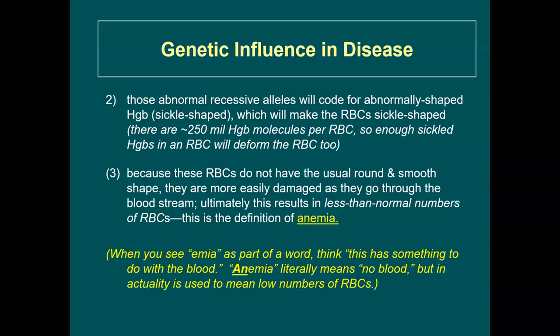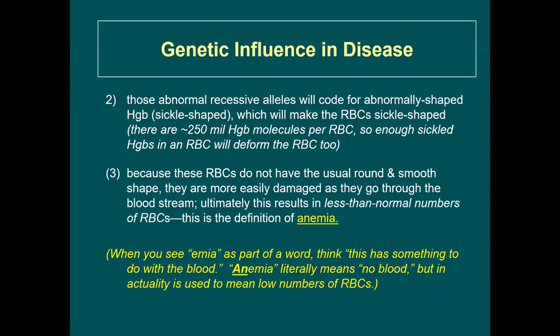They're sickle-shaped. And we know that hemoglobin is carried by the red blood cell, and there are actually about 250 million hemoglobin molecules per red blood cell. If many of them are sickled, that is going to cause the shape of the red blood cell to become sickled too.